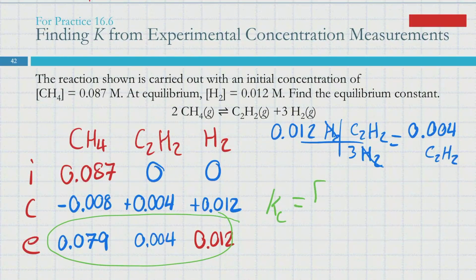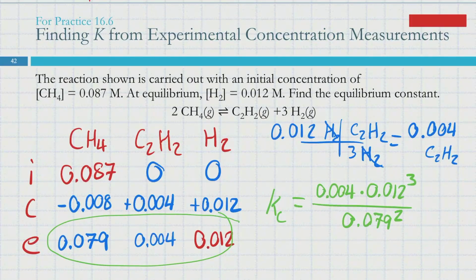So we'll have 0.004 times 0.012 cubed over 0.079 squared.